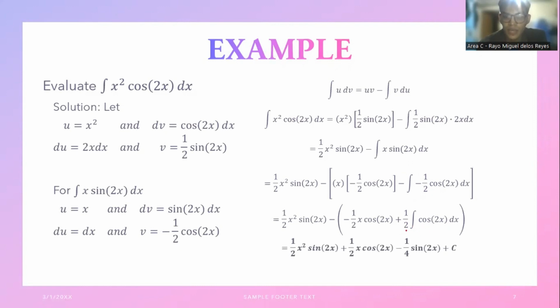And then, ayan. So, simplify, magiging 1/2 x squared sine 2x plus, kasi dinistribute lang natin, then kinuha lang natin yung integral ng cosine 2x. So, magiging 1/2 x cosine 2x minus 1/4 sine 2x.